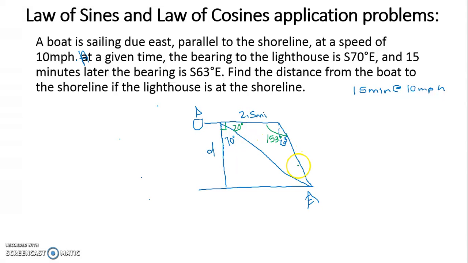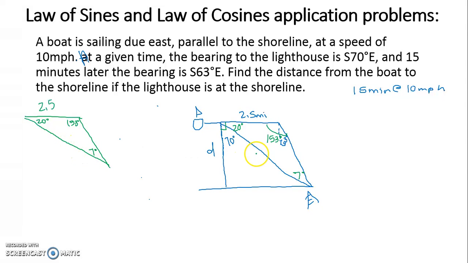Which means I know that this angle is 7 degrees because all the angles in a triangle add up to 180. So maybe it would help if I redrew it first with the actual big triangle I'm looking at. So I have my 2.5 here, 20 degrees, 153 degrees, and 7 degrees.